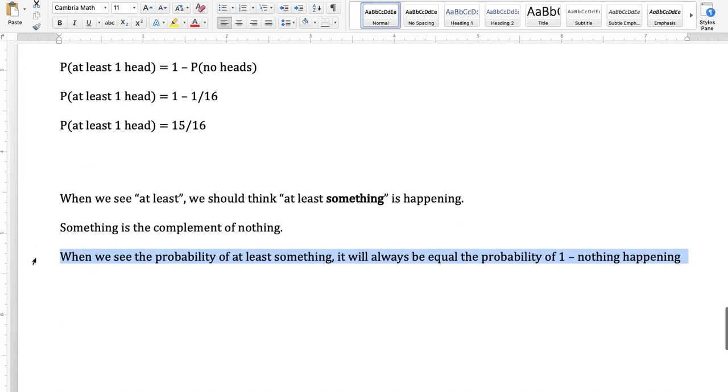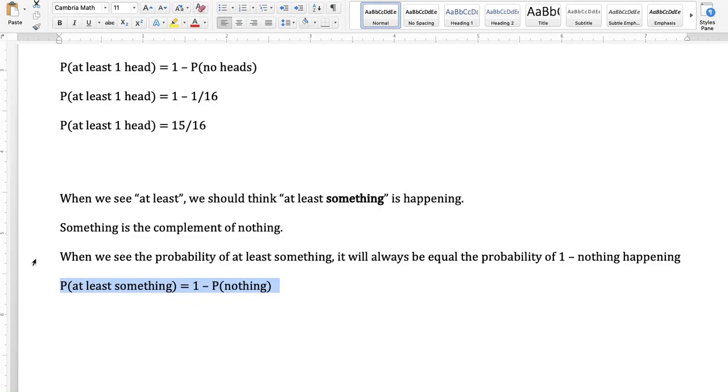So when we see the probability of at least something, and this is the key that we're going to be looking for in words along the way, it will always be equal to 1 minus the probability of nothing happening. And quite often, the probability of nothing happening is much easier to find than at least, where we have multiple events happening together.